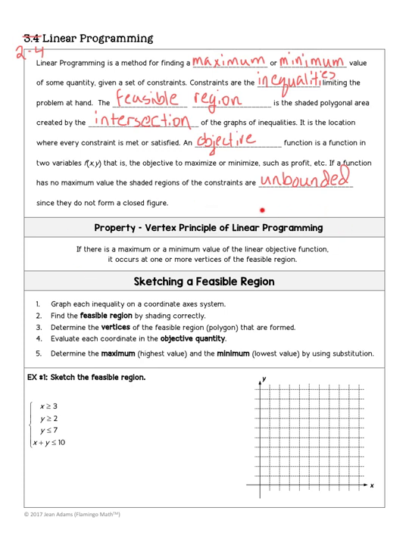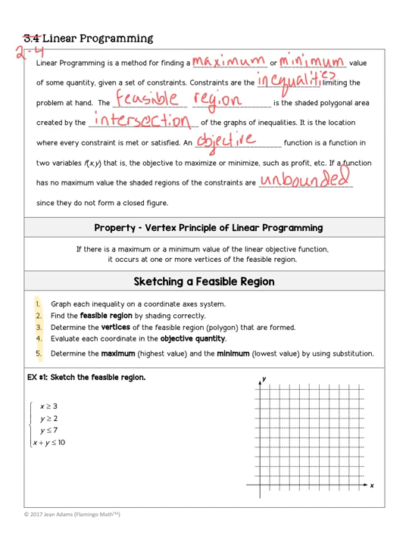I would not worry about the property vertex principle of linear programming, but what I do find important is looking at your process of graphing and determining your maximums and minimums using your objective function.